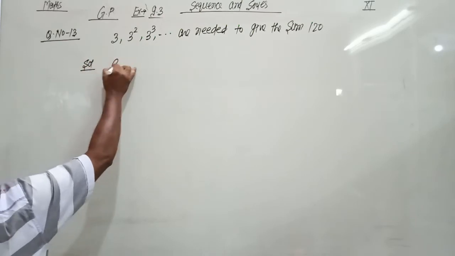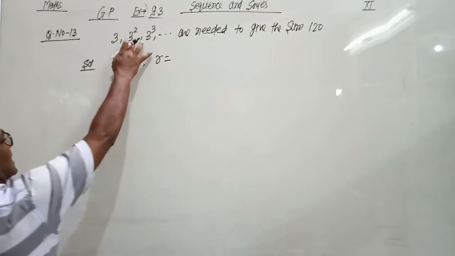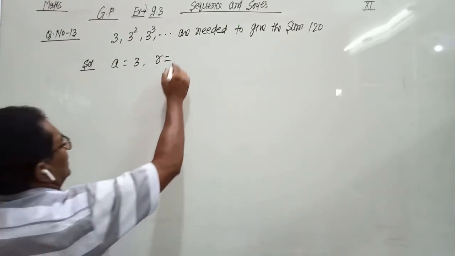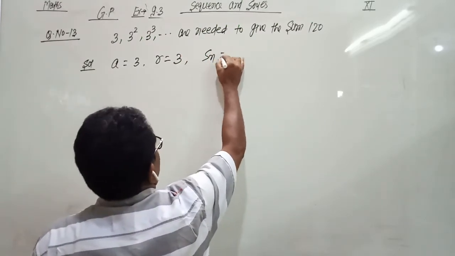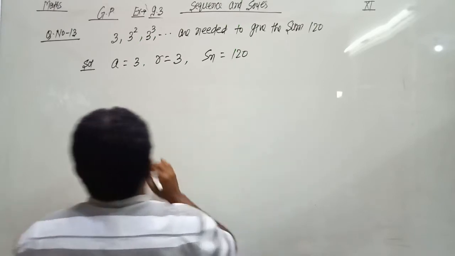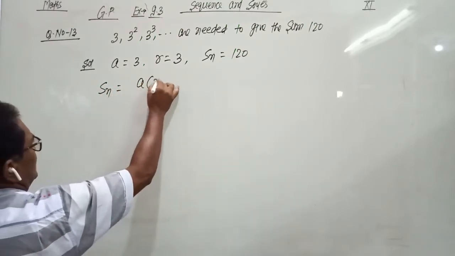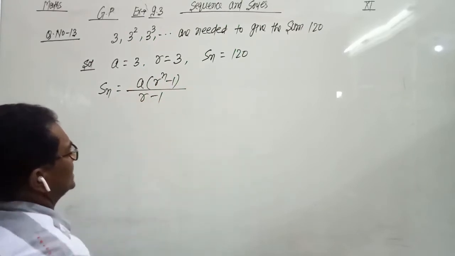So the value of A, the first term, is 3. The common ratio is calculated by dividing 3 square by 3. We get common ratio R as 3, and the sum Sn is given as 120. So we use the formula for Sn: A into R raised to the power n minus 1 upon R minus 1.